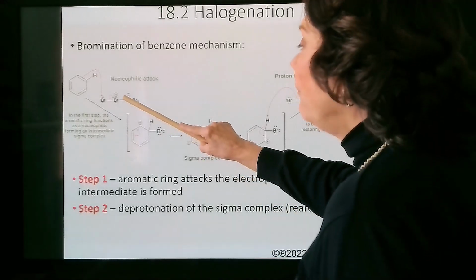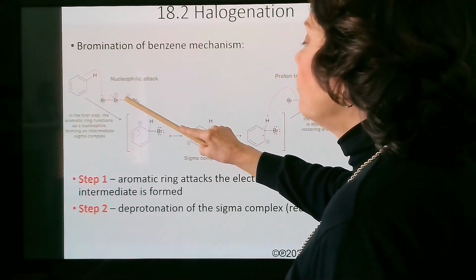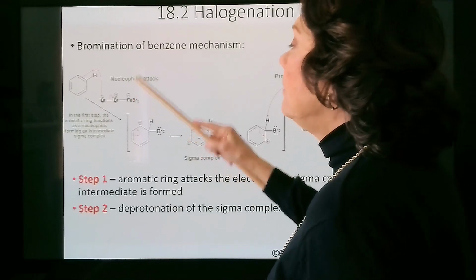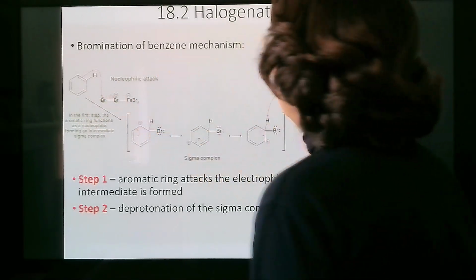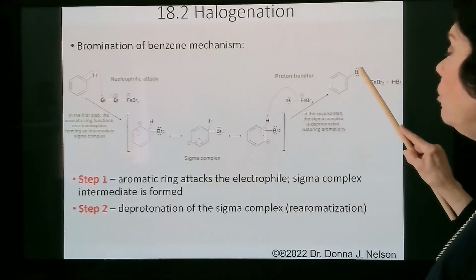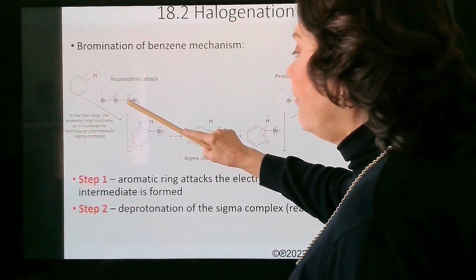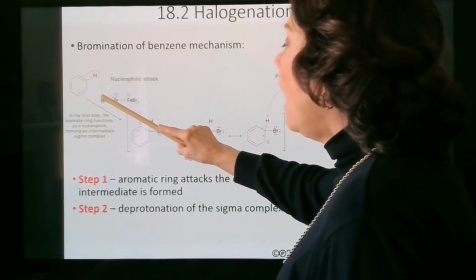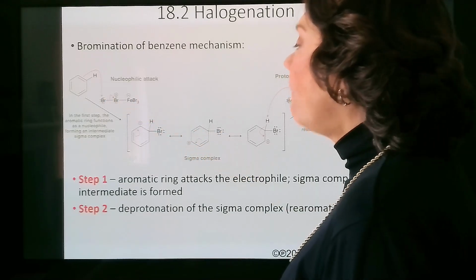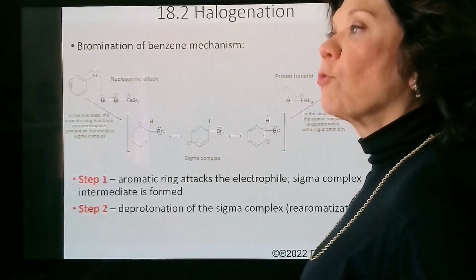So this electrophile is going to be providing the substituent that you find in the product. So this electrophile is going to have to be formed by the reagents.